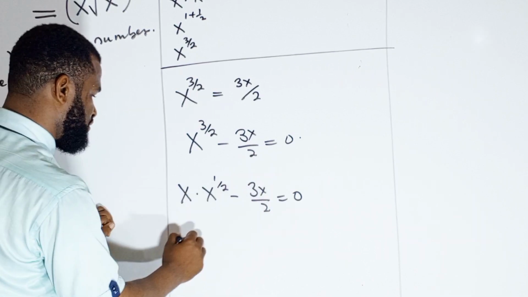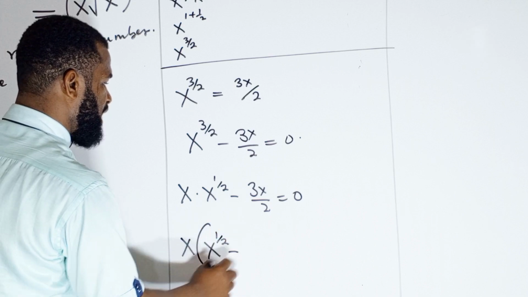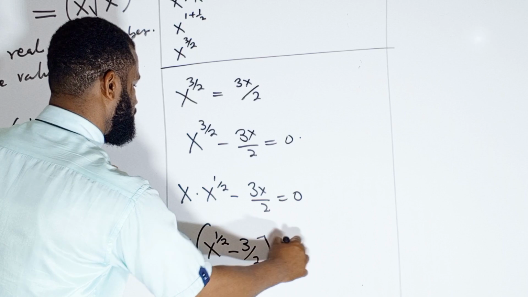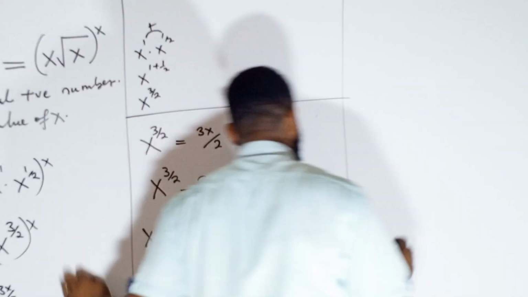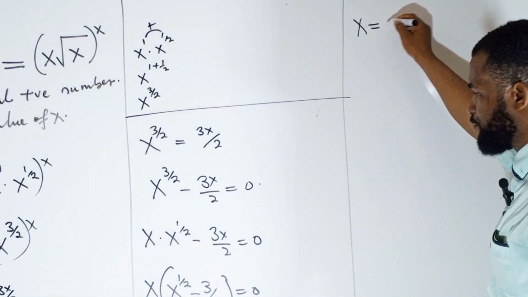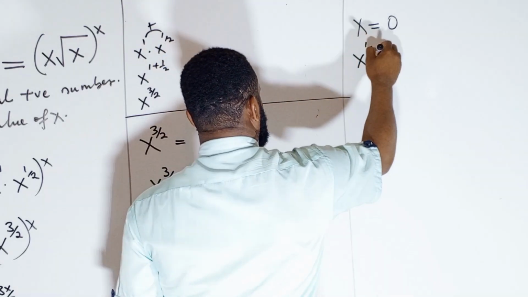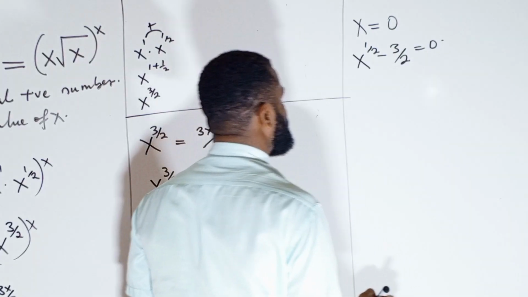I have x times x raised to power 1 over 2 minus 3 over 2 equal to 0. This implies that x is equal to 0, and then x raised to power 1 over 2 minus 3 over 2 is equal to 0.